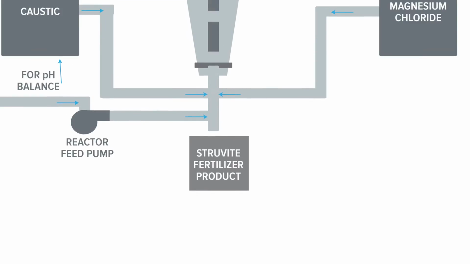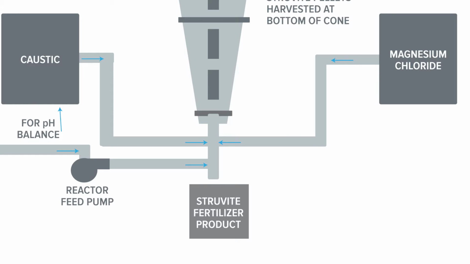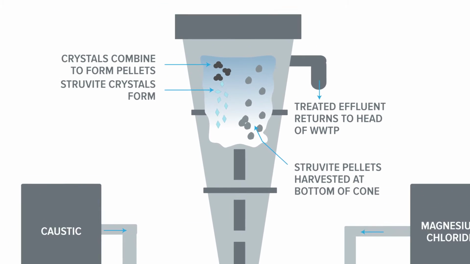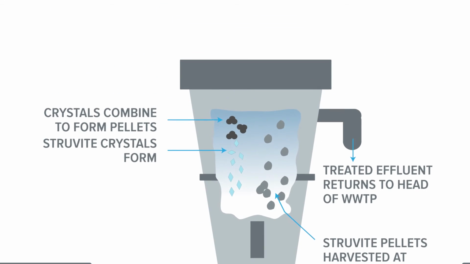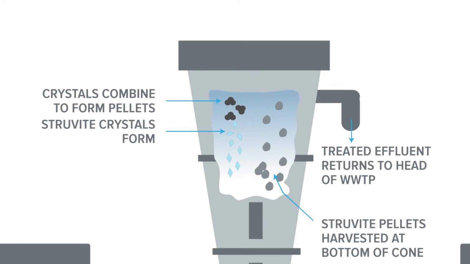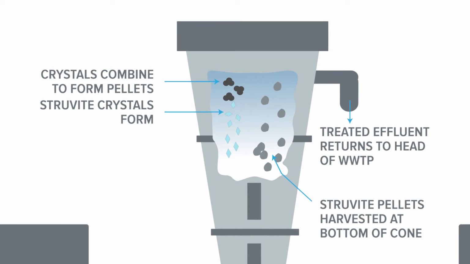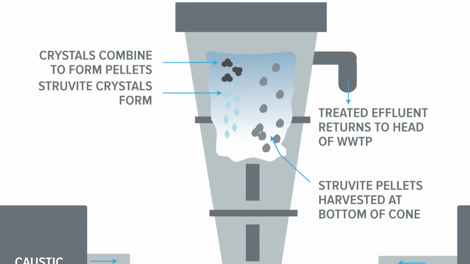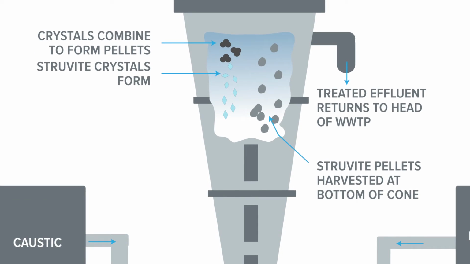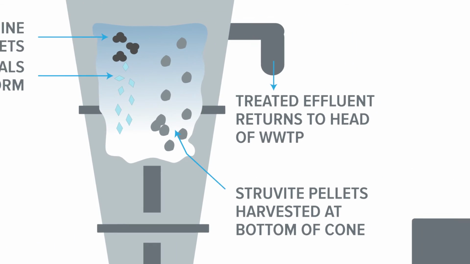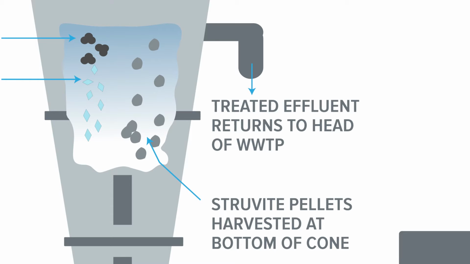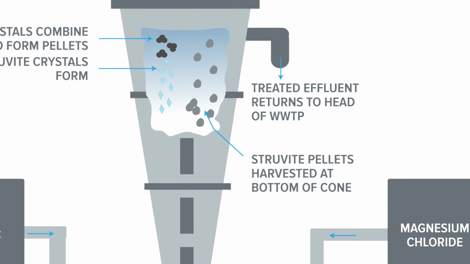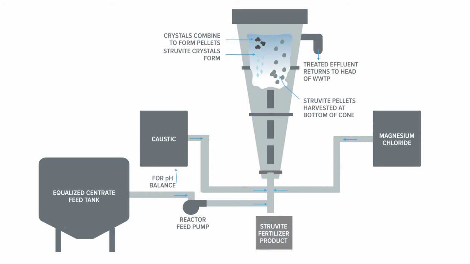So the flow from the high phosphorus return stream is combined with the sodium hydroxide and the magnesium at the bottom of that reactor, and then as flow moves upward through the reactor, the struvite forms, and then the heaviest particles, as they're growing, go to the bottom of the reactor, and that's where they're recovered. So the low phosphorus effluent ends up going out the top of the reactor, and then the phosphorus as struvite comes out the bottom of the reactor.